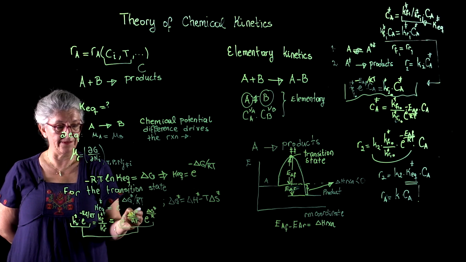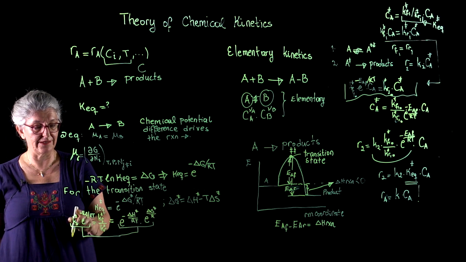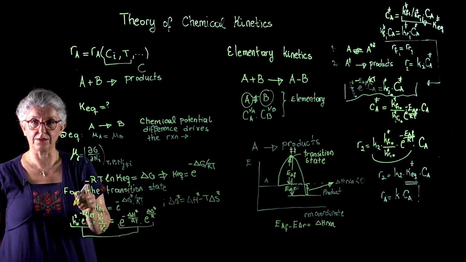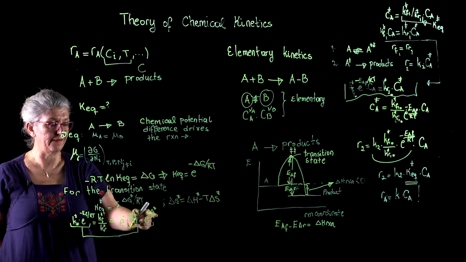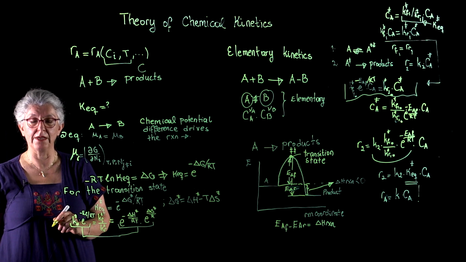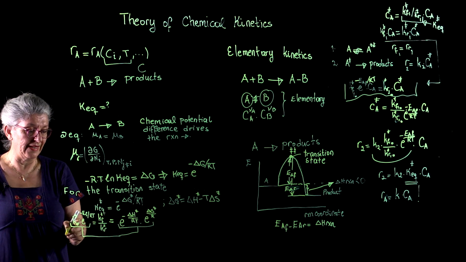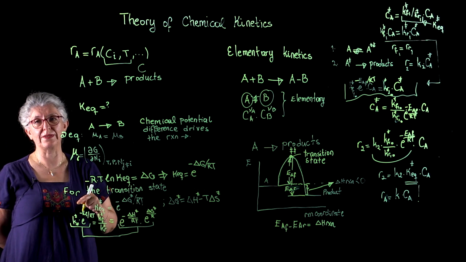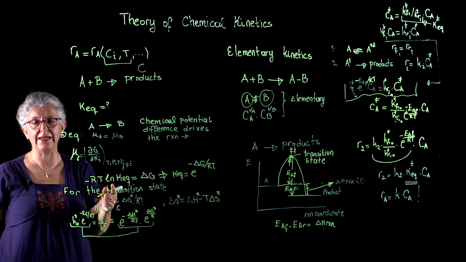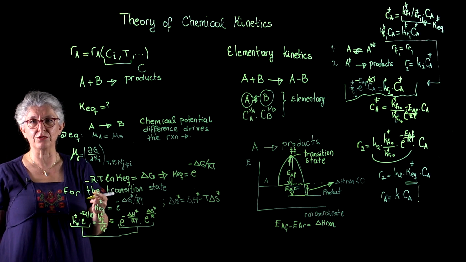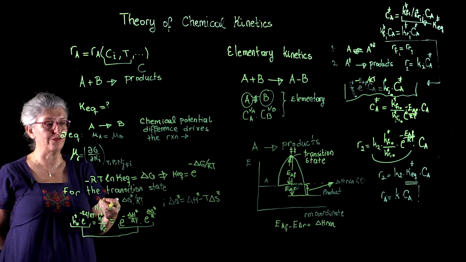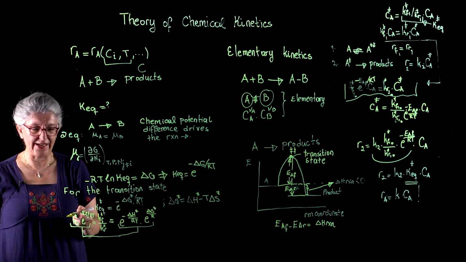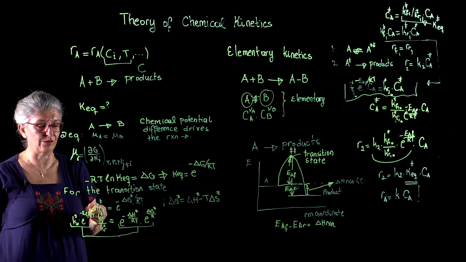So we have on this side the K0 going to the transition state term. We have the entropy term. So you see, if you go back to the initial discussion, when we began, we said that the molecules have to collide with proper orientation. Now we have a term that reflects the orientation of the collisions.